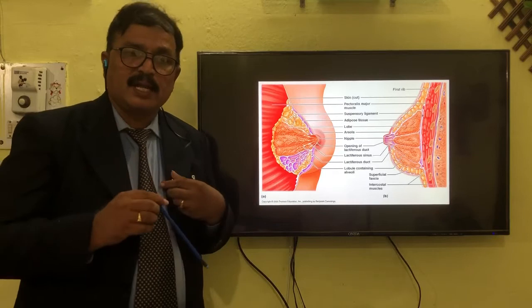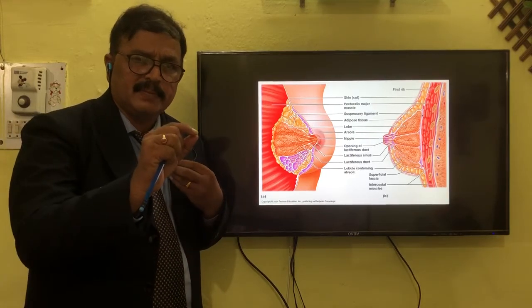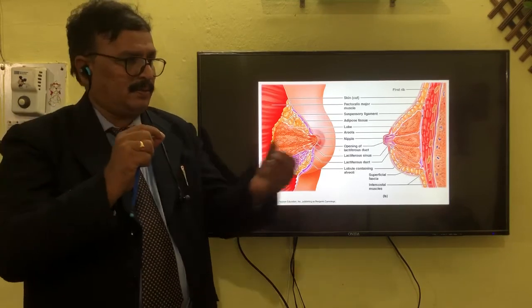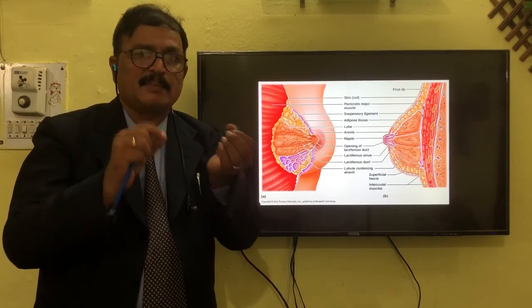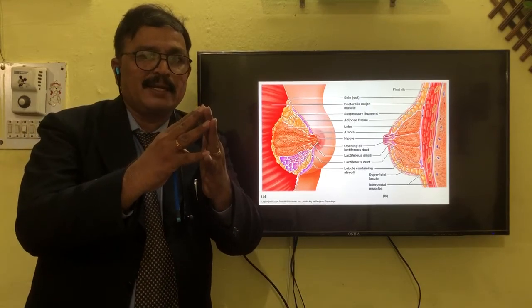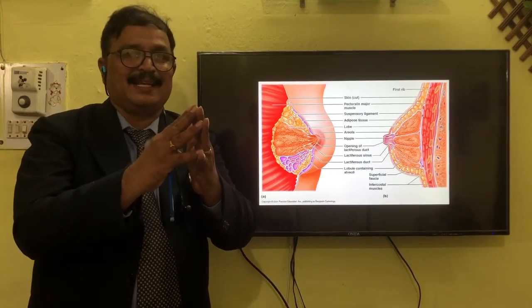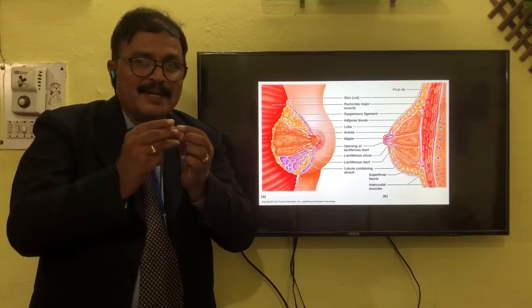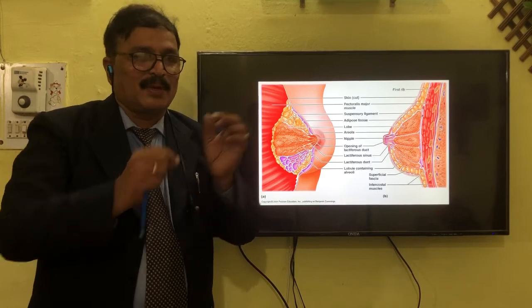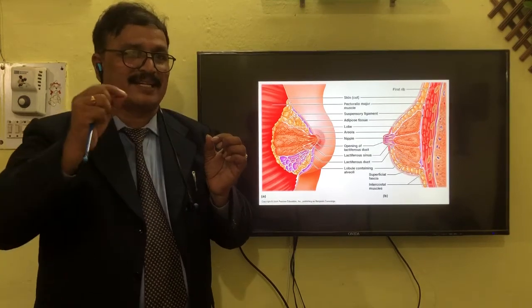From each follicular cell, some mammary tubules will arise. So, from follicular cells, mammary tubules. All the mammary tubules join to form mammary ducts. Again, different mammary ducts join to form the ampulla. From the ampulla, lactiferous ducts will come.